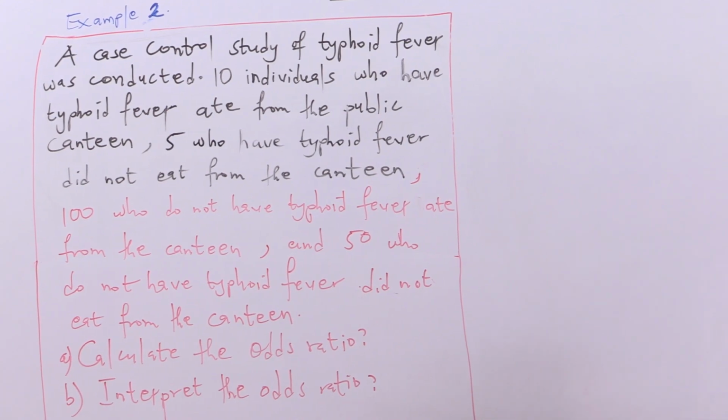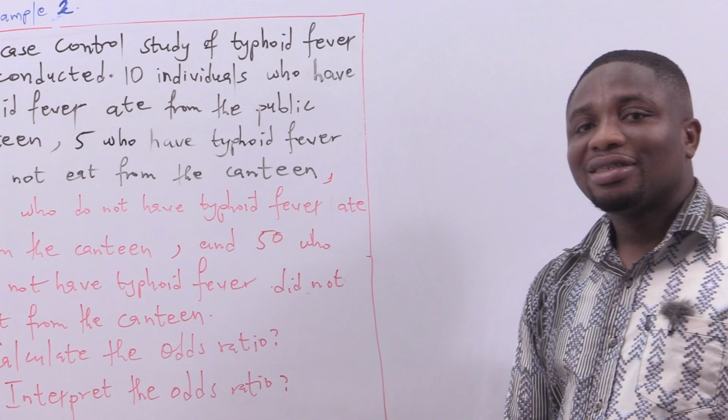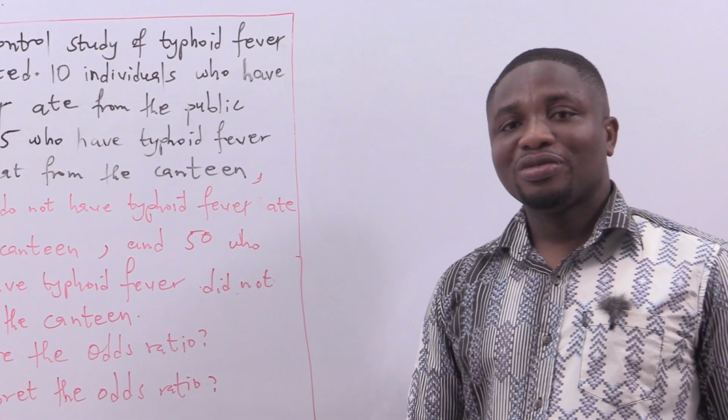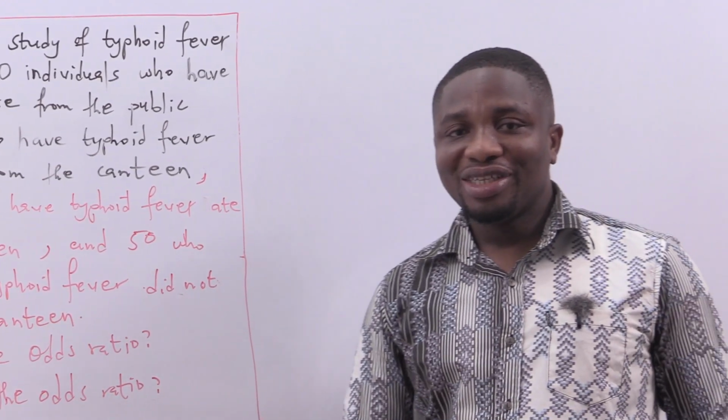And 50 who do not have typhoid fever did not eat from the canteen. Calculate the odds ratio and interpret the odds ratio. That is for you. Kindly leave your answers in the commentary section.